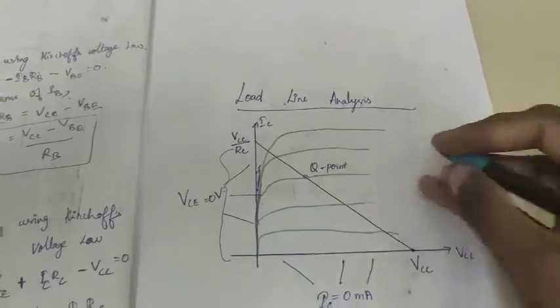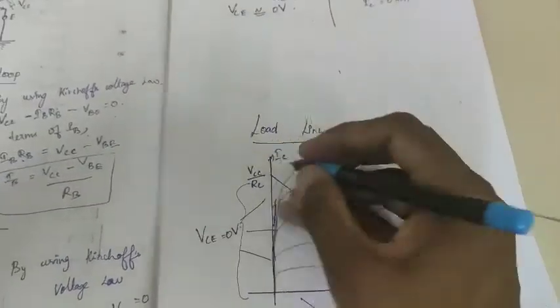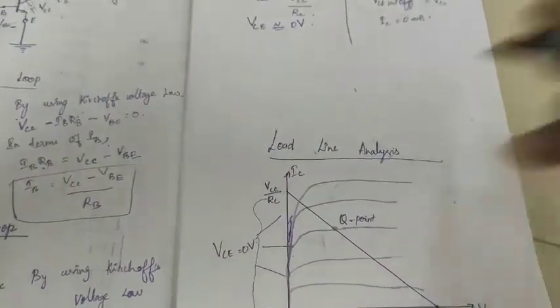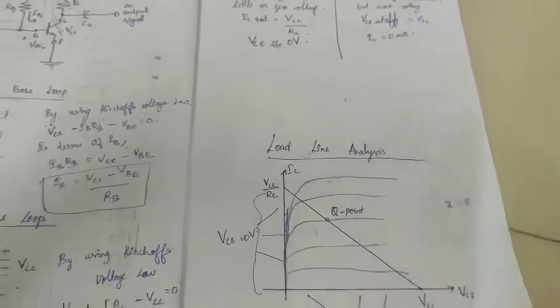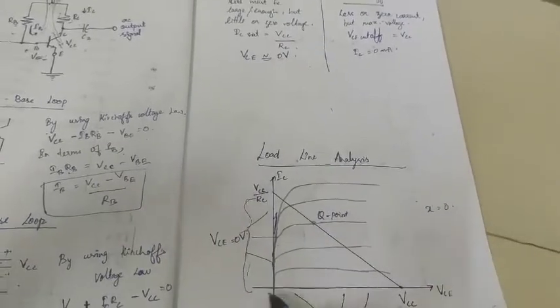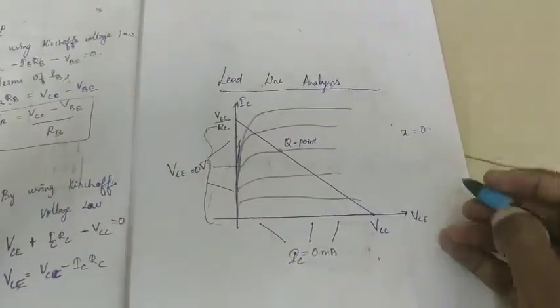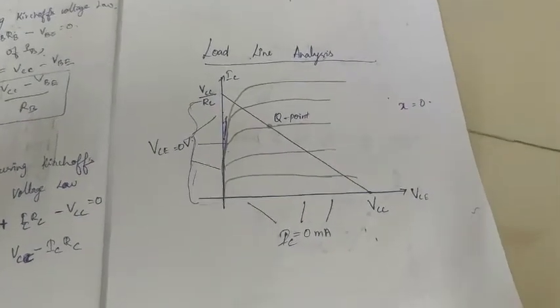So it can be shown like, when I take IC along the y axis, along the y axis I plot a point where x is equal to 0, right? That's why VCE is 0, and along the x axis VCE is present. When I plot IC over there, y axis is 0, so IC equal to 0. Can you get my point?